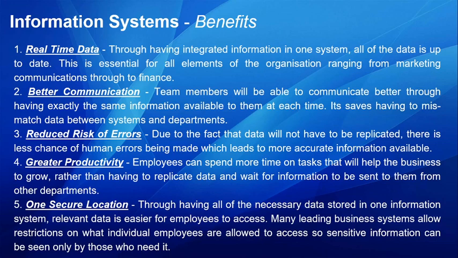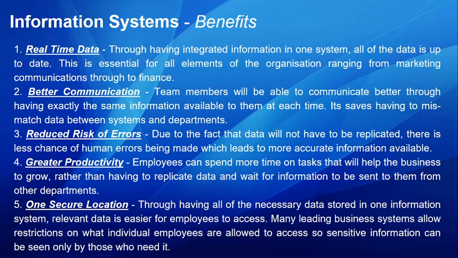Number 4, greater productivity. Employees can spend more time on tasks that will help the business to grow rather than having to replicate the data and wait for the information to be sent to them from other departments. Number 5, one secure location. Through having all of the necessary data stored in one information system, relevant data is easier for employees to access.